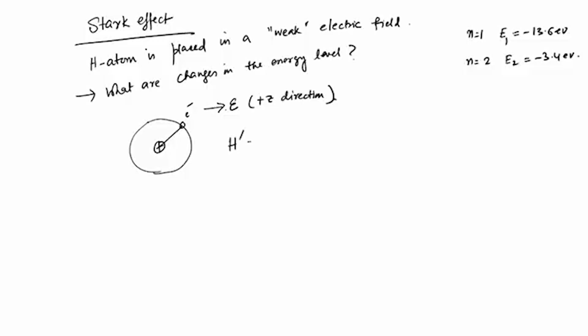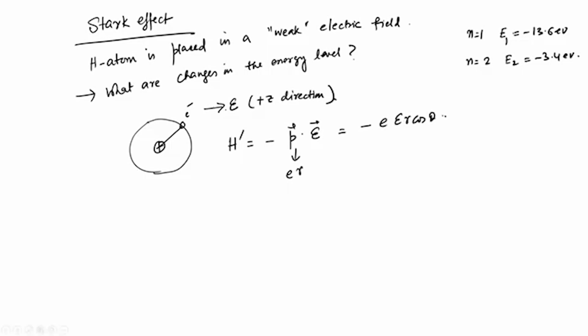Okay, and this is precisely what our perturbation term is, it is minus P dot E. This P is nothing but eR, where R is a radial variable, and because there is a dot product, this is equal to minus e E R cosine theta.